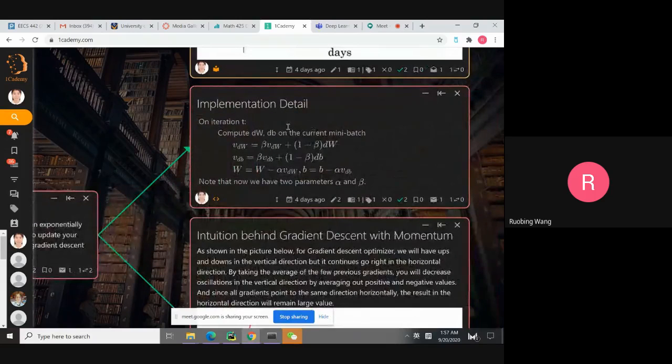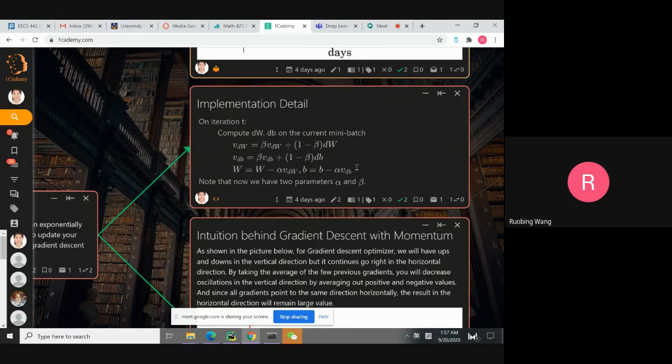On iteration t, you will have these three equations, and the third equation is very similar to the one mentioned in the mini-batch gradient descent implementation. But instead of just subtracting alpha times the gradient itself, we will subtract the VdW and Vdb.